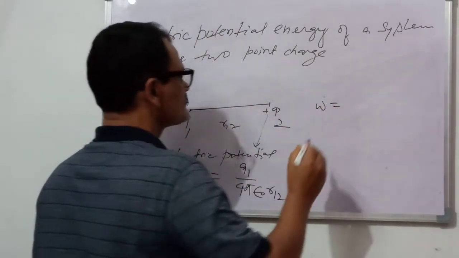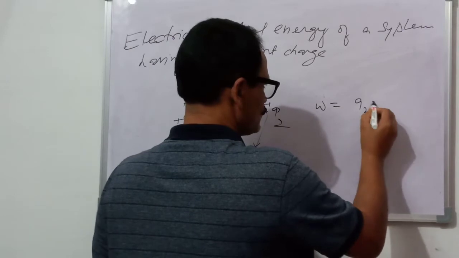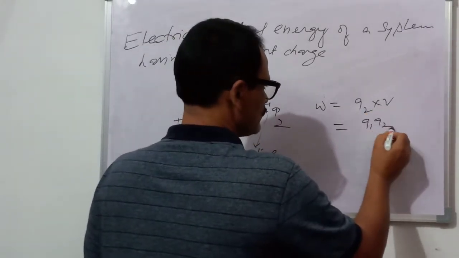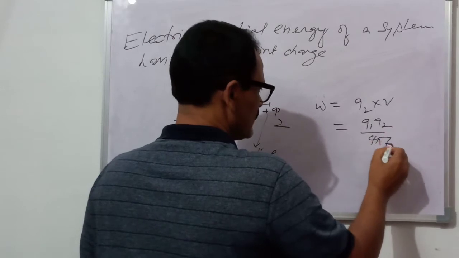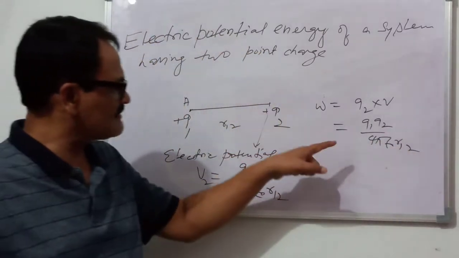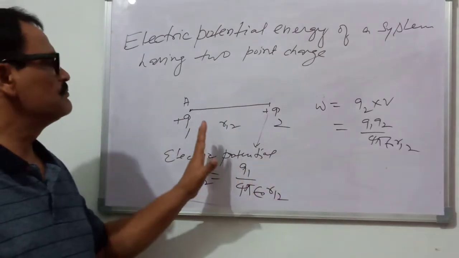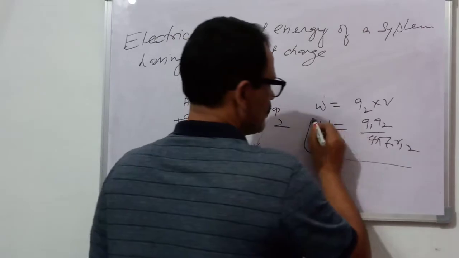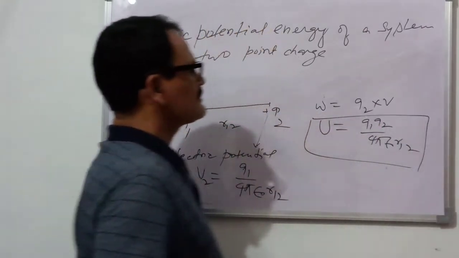This work is Q2 into V, so it is Q1 Q2 divided by 4 pi epsilon naught R12. And according to the definition, this work will be conserved as potential energy. So the potential energy of the system is Q1 Q2 divided by 4 pi epsilon naught R12.